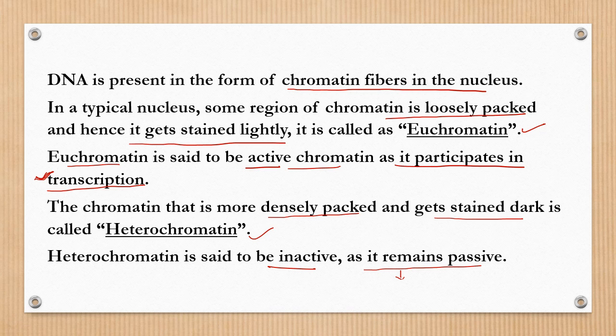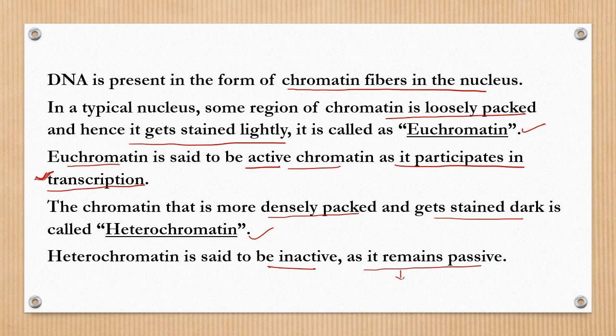So, differences between euchromatin and heterochromatin. Euchromatin is loosely packed chromatin, and heterochromatin is densely packed chromatin. The second point: euchromatin stains lightly, absorbing color lightly, and heterochromatin stains darkly.